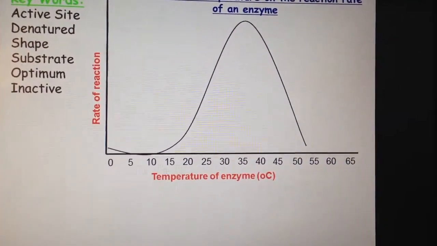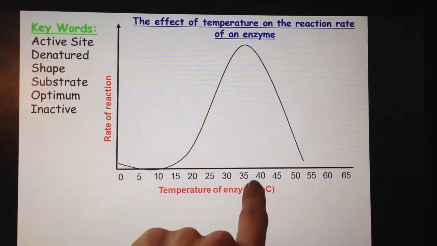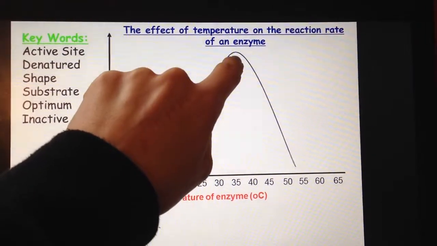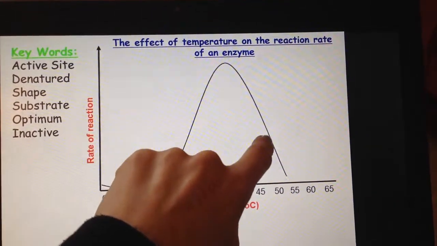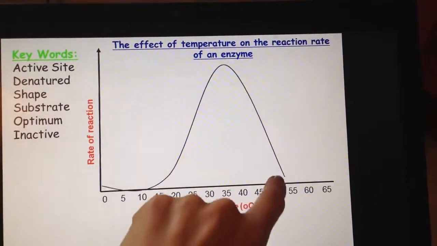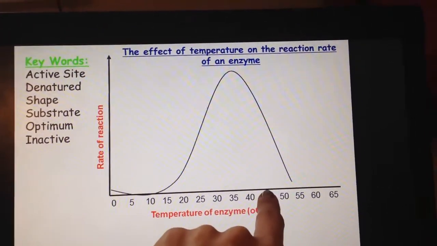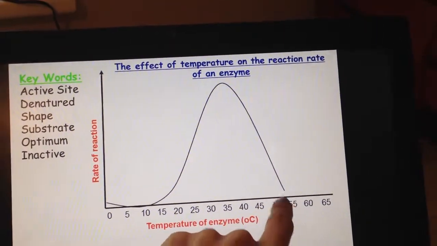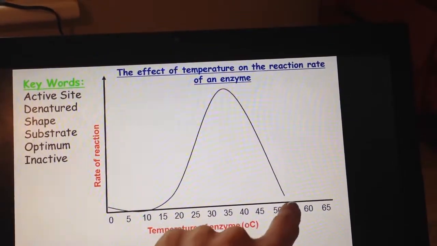As the temperature increases past around 37 to 38 degrees, we can see the rate of the reaction starts to decrease or go down at a steady pace. And by the time the temperature is increased beyond about 40 to 45 degrees and so on, the enzyme no longer will work.